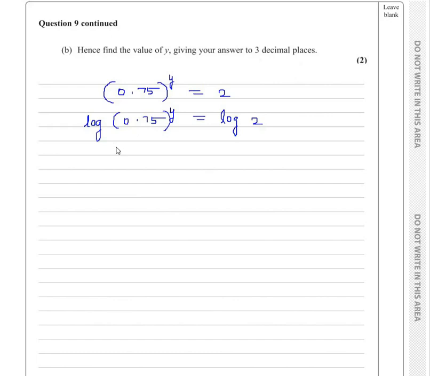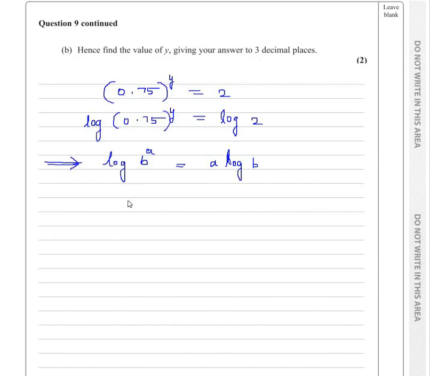Now there is another property over here which we are supposed to use. If we have something of this kind, log of b to the power of a, then the power jumps out and becomes a log b. The same property we are going to use in this condition. Over here y is the power.